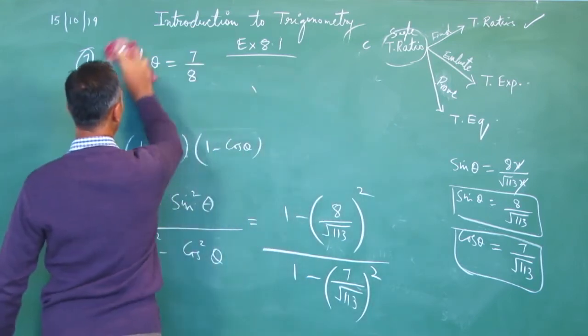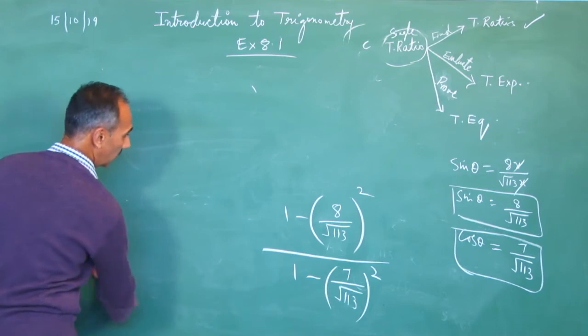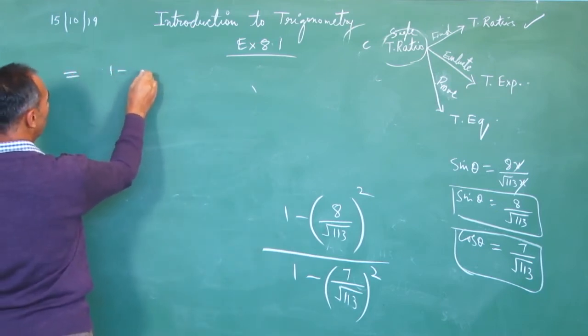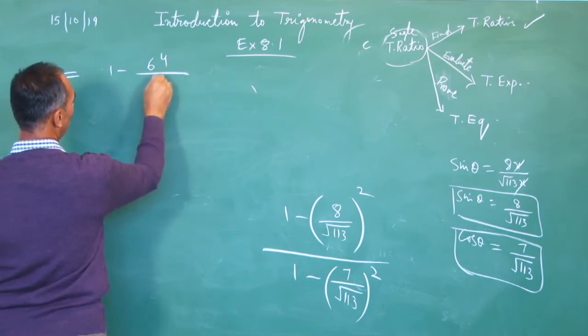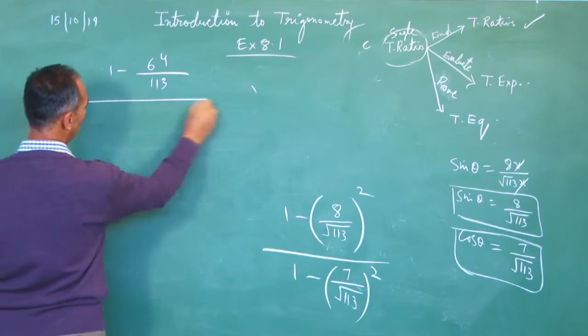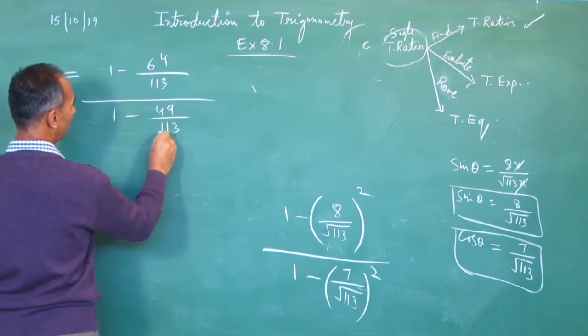If we do further simplification, this will give me 1 minus 64 by 113, if you square it, 8 squared is 64, whole upon 1 minus 49 by 113.